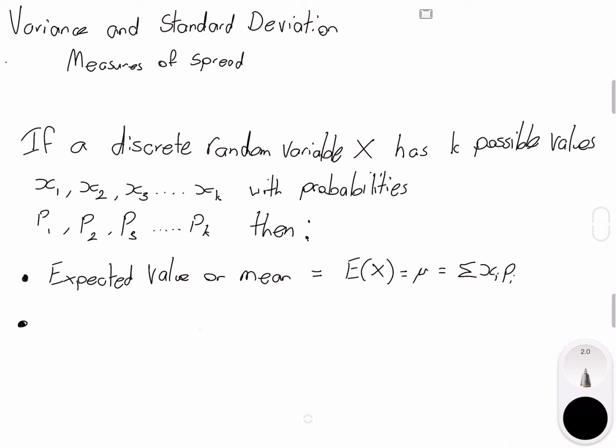The variance is given to us by VAR, short for variance, of our variable x, which is equal to sigma squared, which is equal to the sum of the value of x, take the mean, squared, multiplied by its probability.